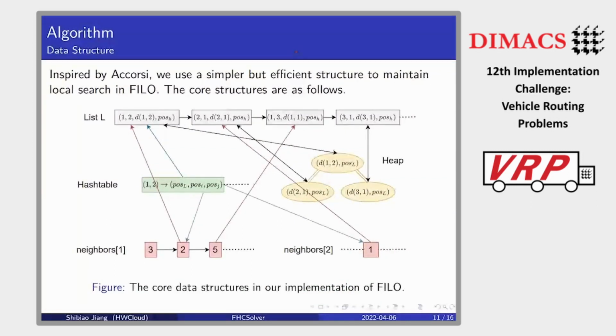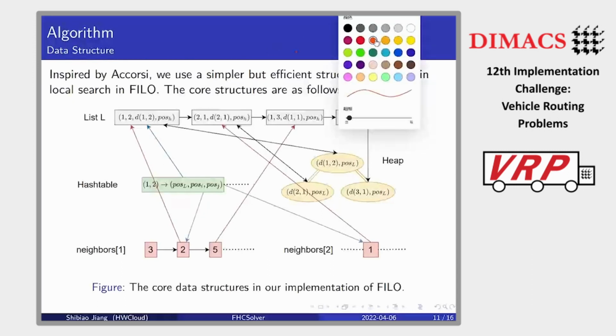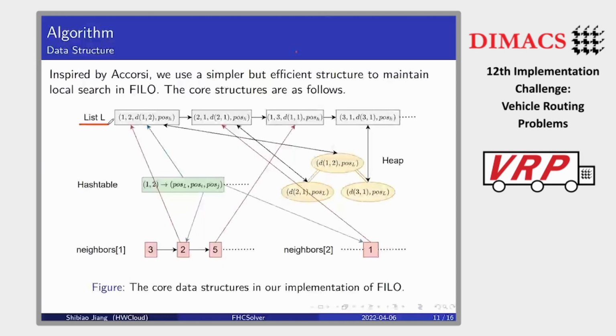And inspired by COSI, we use a simpler but also efficient structure to maintain local search in Philo. The core structure is here. First, we focus on this list L. It is the metadata of all the possible pairs we are interested in. The first two numbers are the pair, and this number is the distance delta if we apply this pair. And this number records the position in a heap.